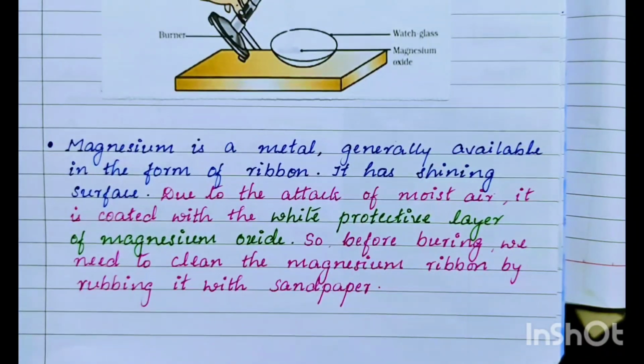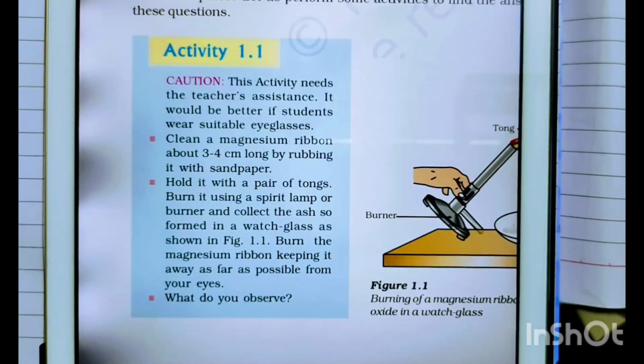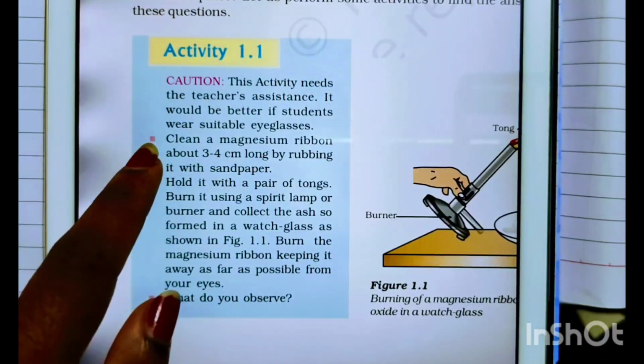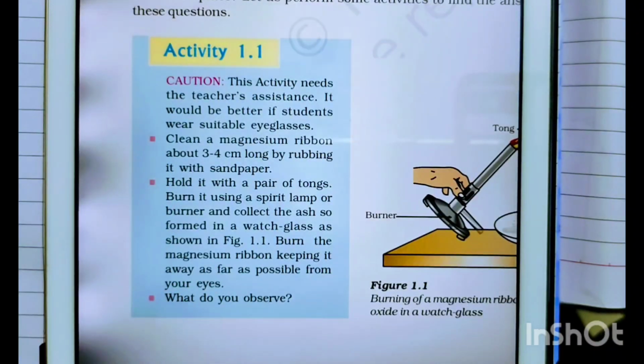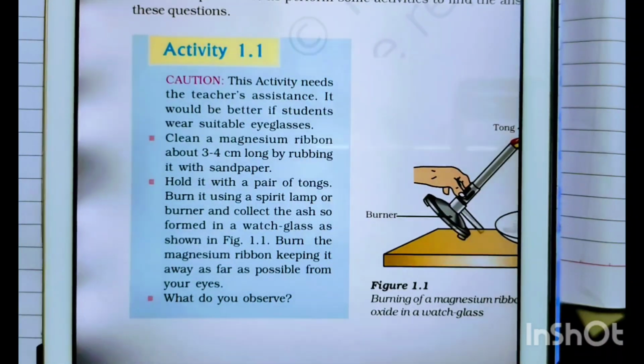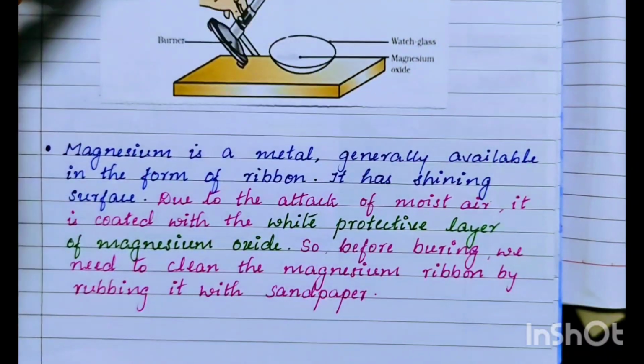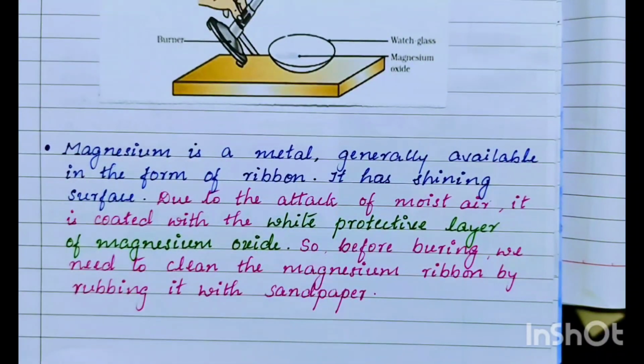This explanation is mainly because of the first point in Activity 1.1: clean a magnesium ribbon about 3 to 4 centimeters long by rubbing it with sandpaper. Why do we have to rub the magnesium ribbon with sandpaper before burning? Because of the moist air.